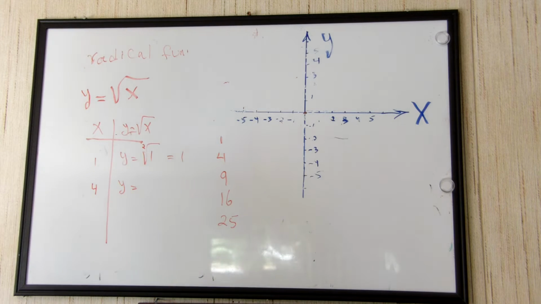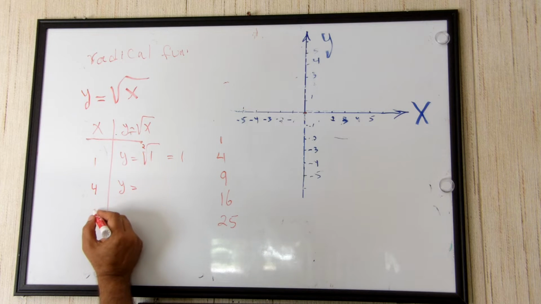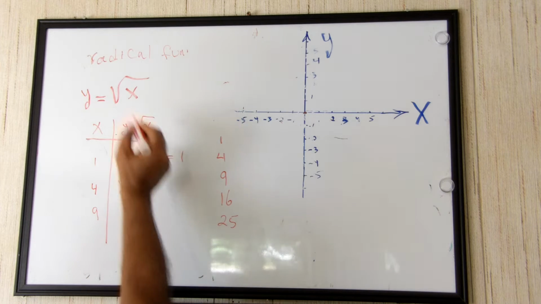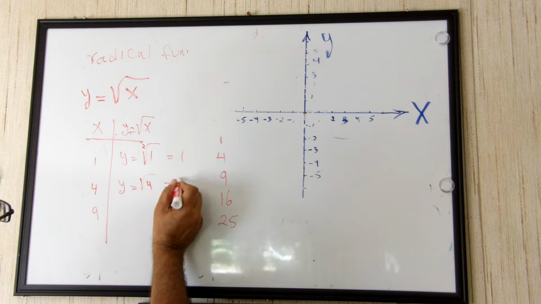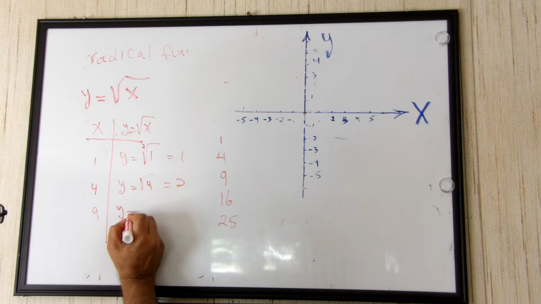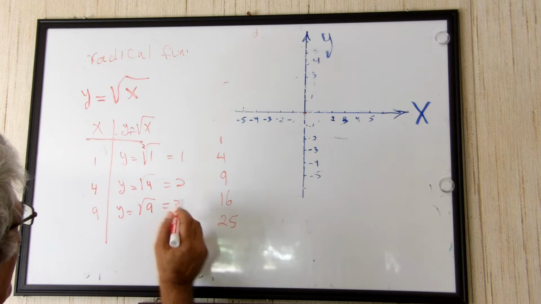See, the square root of all these is an integer. So you choose 4 and then 9. The square root of 4 is going to be 2, and the square root of 9 is going to be 3.